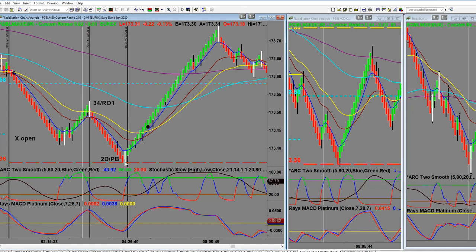There I've got 4 screaming reasons to take this trade, and that little black dot is my T20. That is where the 8 crosses through the 34, which pretty much represents a 50 CCI zero line crossover. You may remember many traders use a 50 CCI, and I used to use it years ago as a trend following indicator.